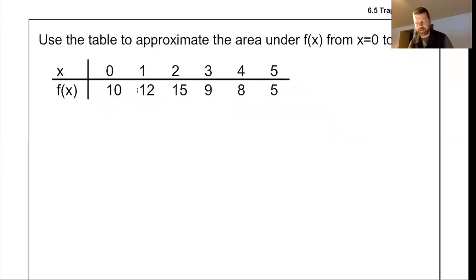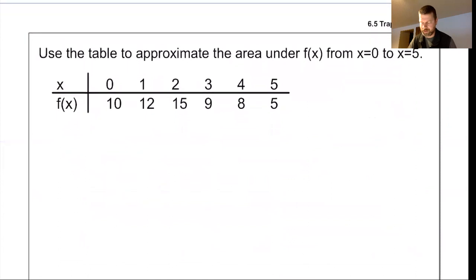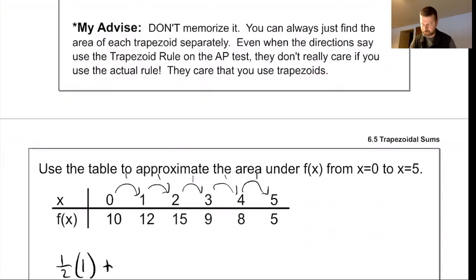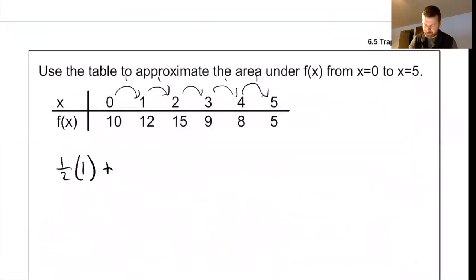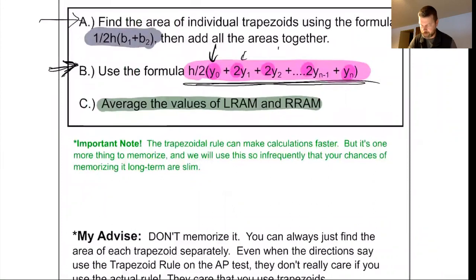If I were to estimate the area using this table, I would probably use that second method because it's really set up well for it right now. I can look at here, I say, all right, the difference between my x values is always 1. So that means my h is 1 for each of those trapezoids. So if I was to estimate this area, it'd be 1/2 times 1 times the sum of all those heights, starting with the first one, doubling all the middle ones, and ending with the last one.